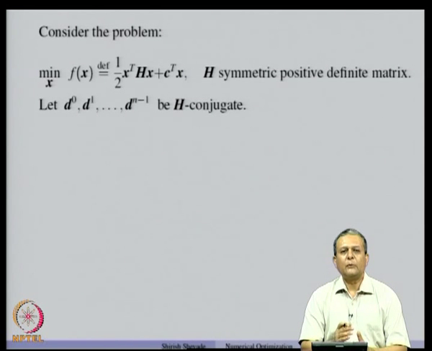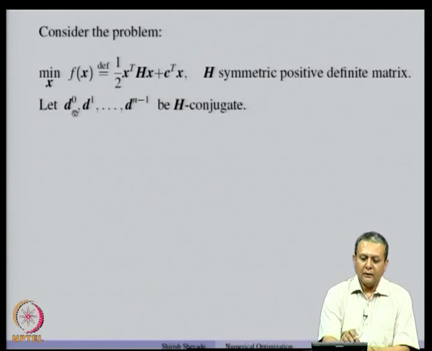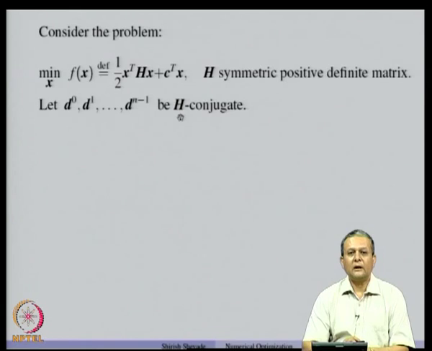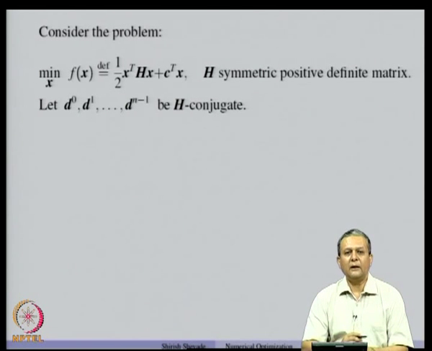Suppose we have already got these H conjugate directions. Now, how does the method work when we use these H conjugate directions? Remember that d0 to dn minus 1 are H conjugate and therefore linearly independent, and we have shown that. So, they span the entire n dimensional space.